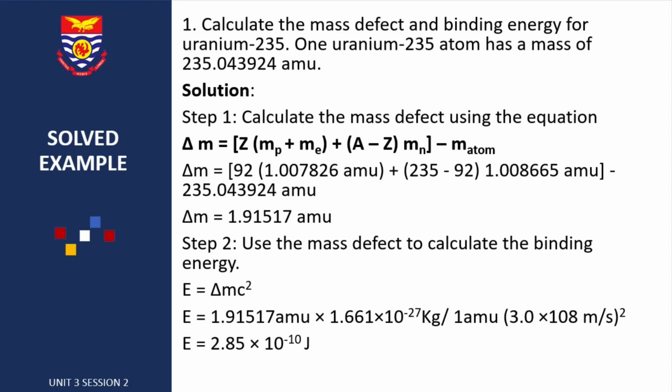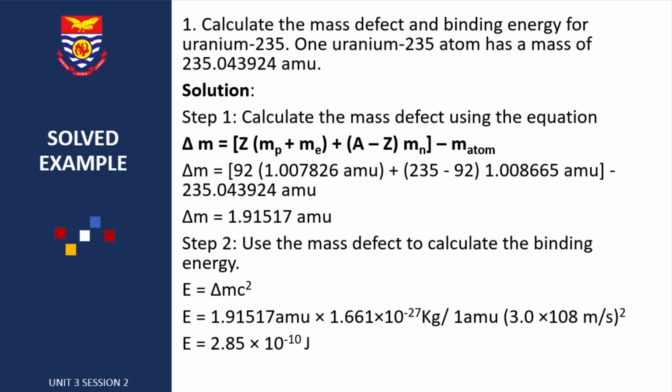So in this case, we are multiplying the sum of the mass of proton and electron by the atomic number, which will add to the mass number minus the proton number, and we multiply it by the mass of neutron. The answer we finally subtract from the mass of the atom.